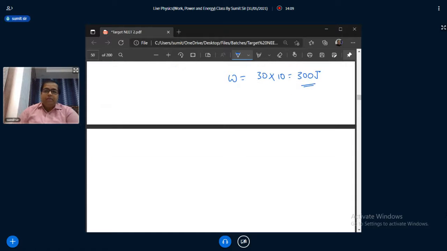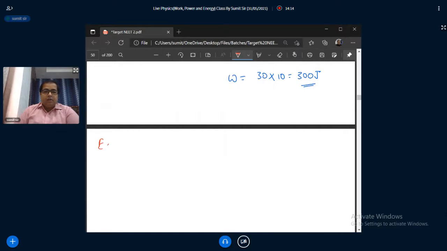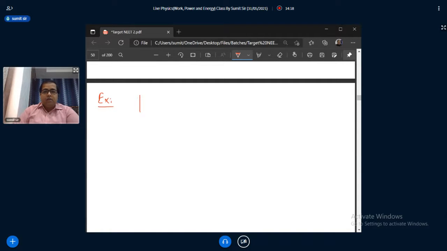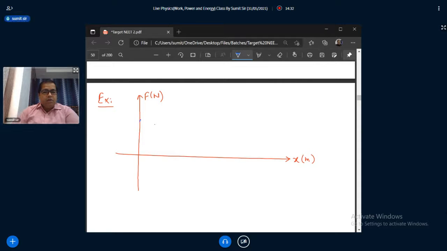There's one more example. Force in Newton, x in meter. You have this graph.